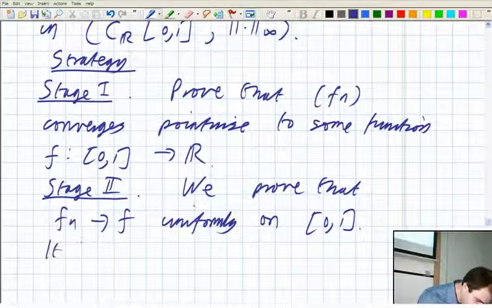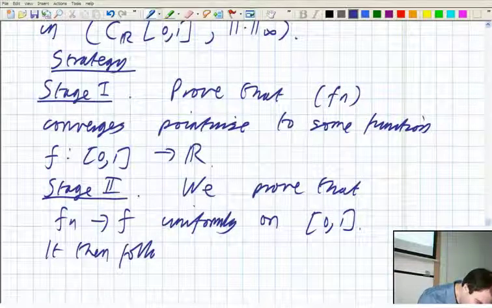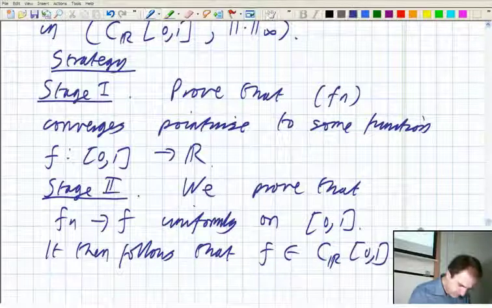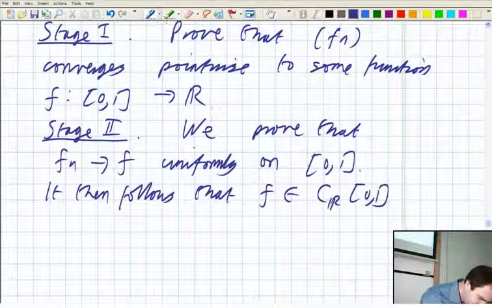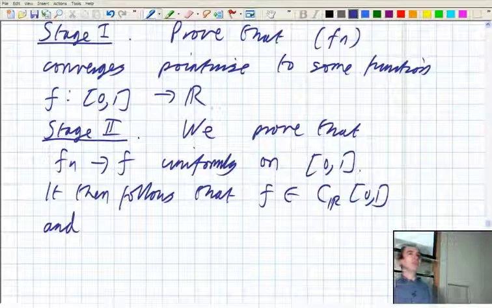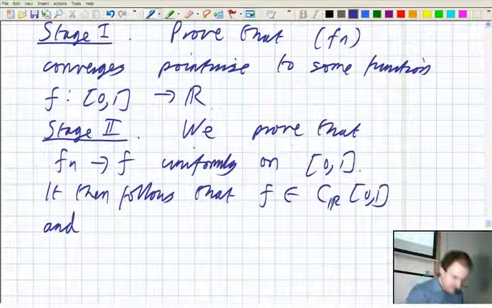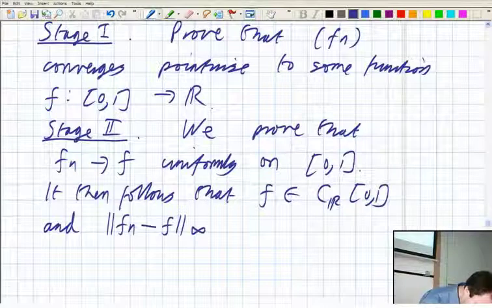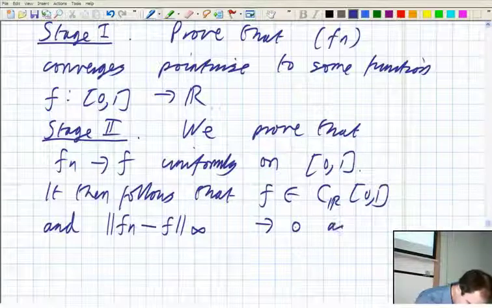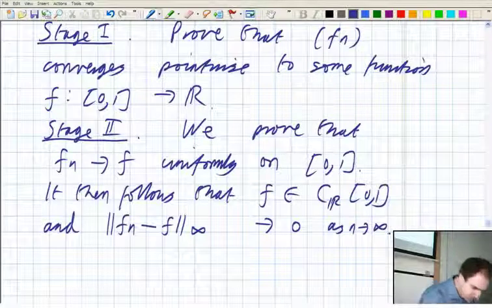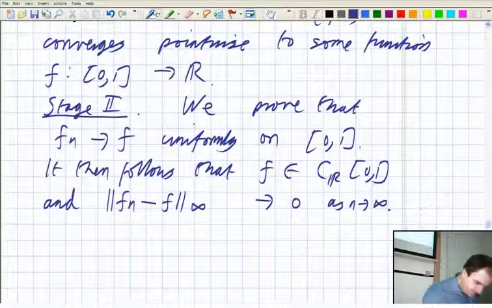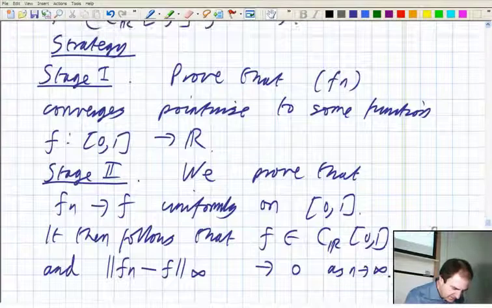It then follows that f is continuous, and once you've done that, we know uniform convergence is norm infinity convergence in that setting, and norm of Fn minus f infinity tends to 0 as n tends to infinity. Okay, so that's our 2 stages.